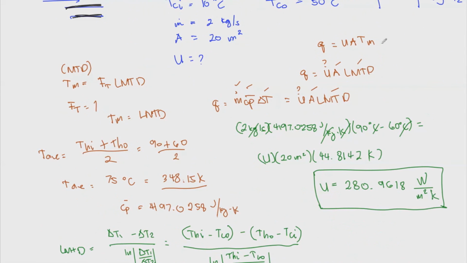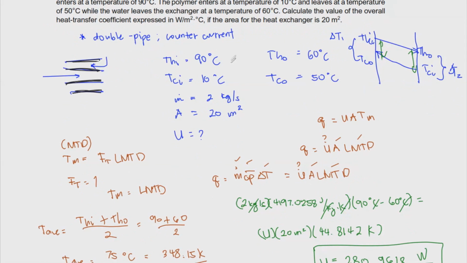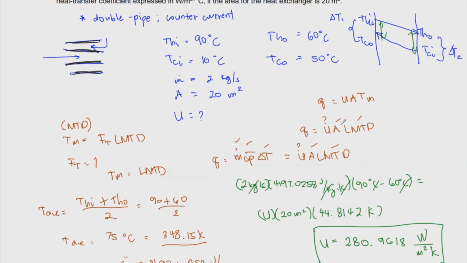That's why we employ TM or log mean temperature difference instead of just simply taking the difference in between these two fluids that we have. And of course, parang hindi rin naman siya practical na gamitin is any temperature difference lang dito knowing na there are two fluids that are involved in this process.